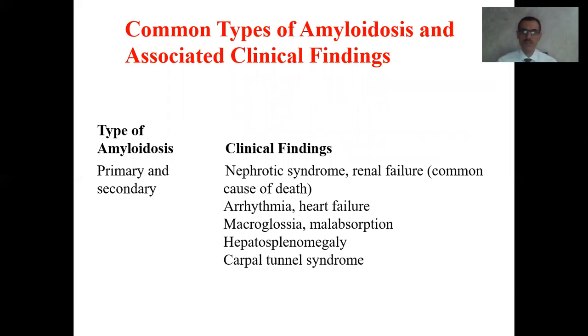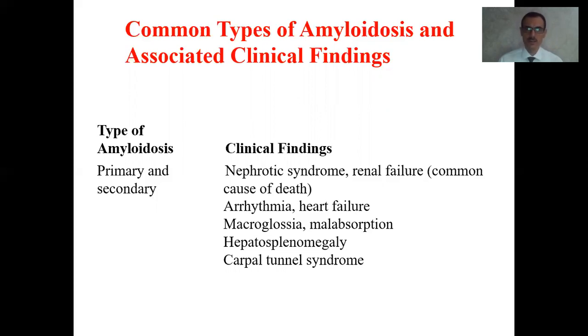Common types of amyloidosis and associated clinical findings. The types we discussed mainly present as primary and secondary, with their clinical findings. In renal amyloidosis, nephrotic syndrome and renal failure, a common cause of death.